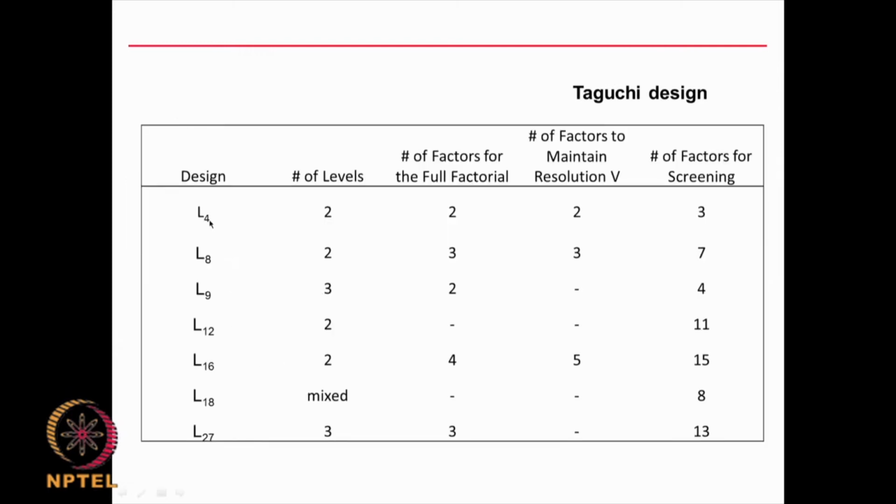Okay, so if you look at the L4 table, 2 levels, I can do a full factorial design. If I maintain 2 factors, I can get resolution 4, or I can go up to 3 factors for screening. If I am interested in doing screening work, I can take this table and look at 3 variables.